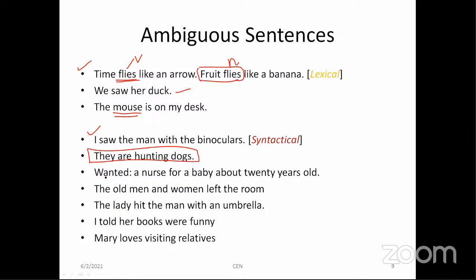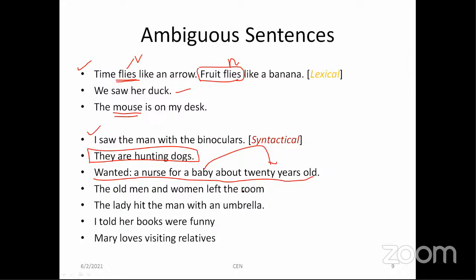The two meanings. Wanted, a nurse for a baby about 20 years old. What is ambiguous here? So you are asking for a nurse to be 20 years old or the baby to be 20 years old. So that is ambiguous here.